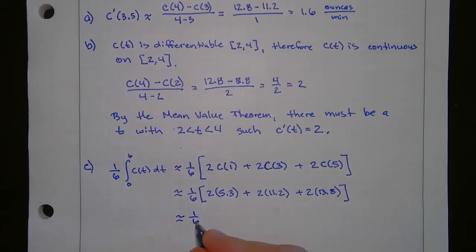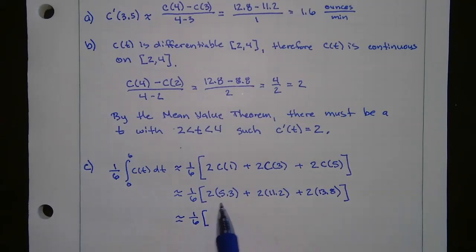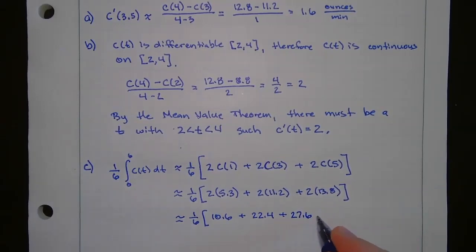So this would be 1/6 times 10.6 plus 22.4 plus 27.6. Okay, and you could stop there even, okay? All right.